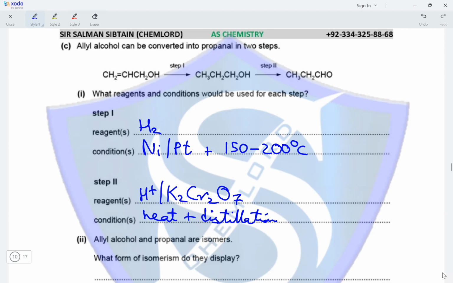We let the vapors evaporate at the boiling point of the aldehyde, condense them and collect them to obtain the aldehyde and prevent it from being oxidized into the carboxylic acid.